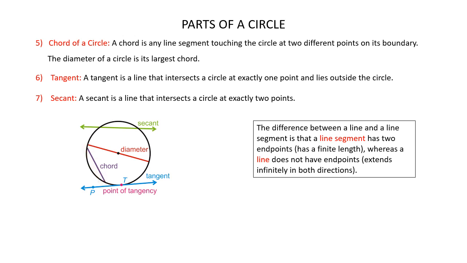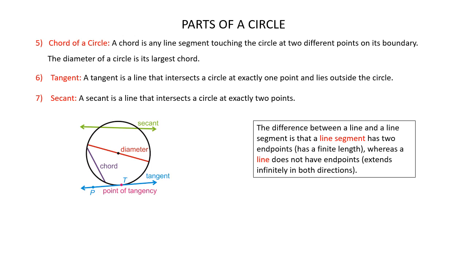As you can see, this line segment touches the circle at two different points on its boundary. Now the diameter of a circle is also a chord because it touches the circle at two different points of its boundary. And since the diameter passes through the center of the circle, the diameter is the circle's largest chord.